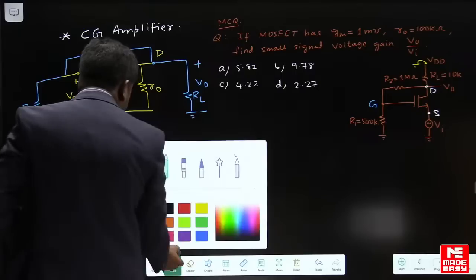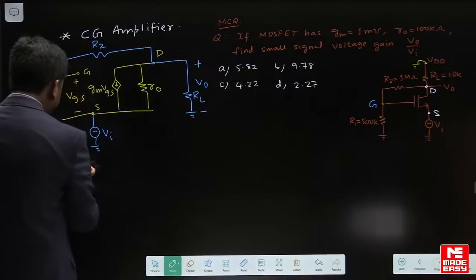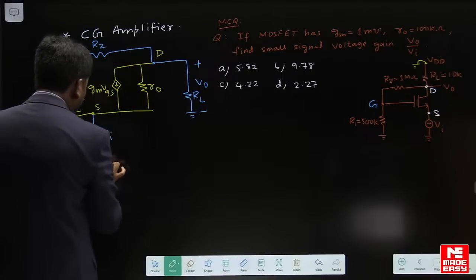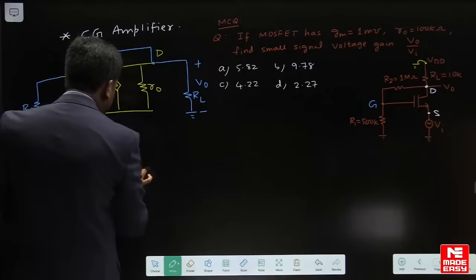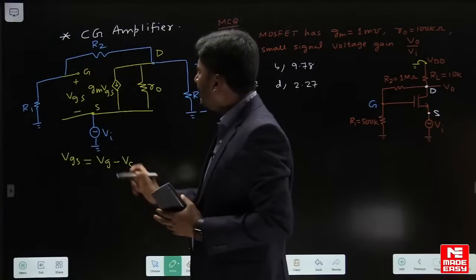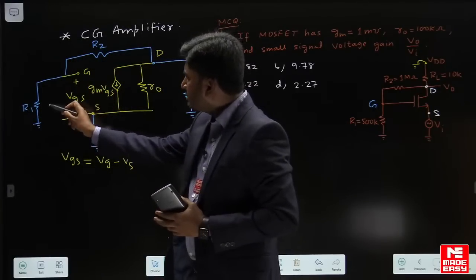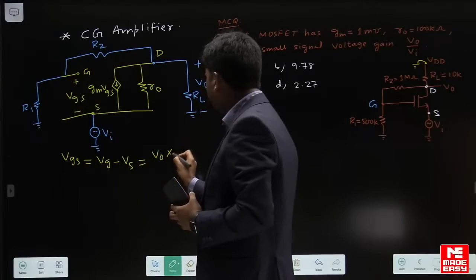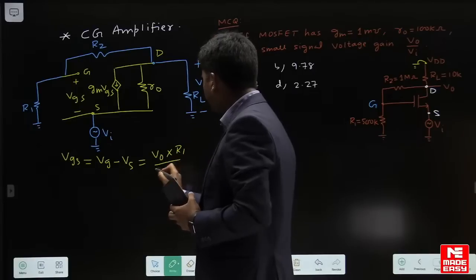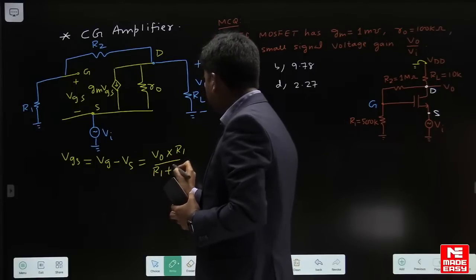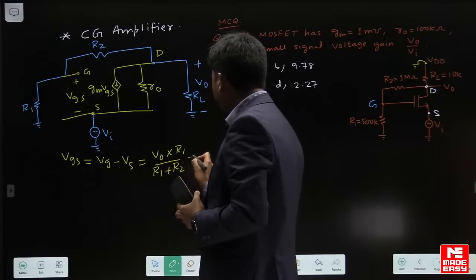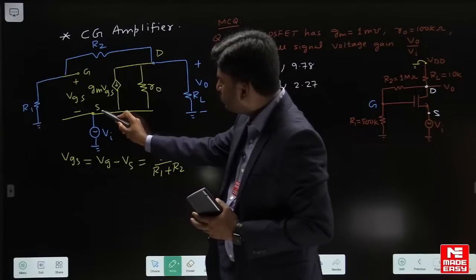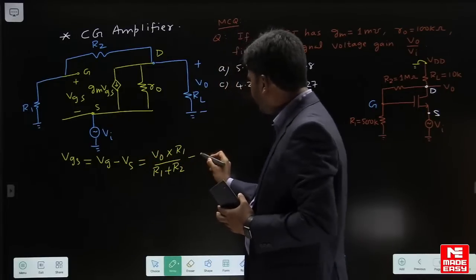So let me write here VGS is equal to gate voltage minus source voltage. Gate voltage means voltage across R1, which we write through divider as V0 into R1 upon R1 plus R2, minus voltage between source and ground. Now that is nothing but Vi.